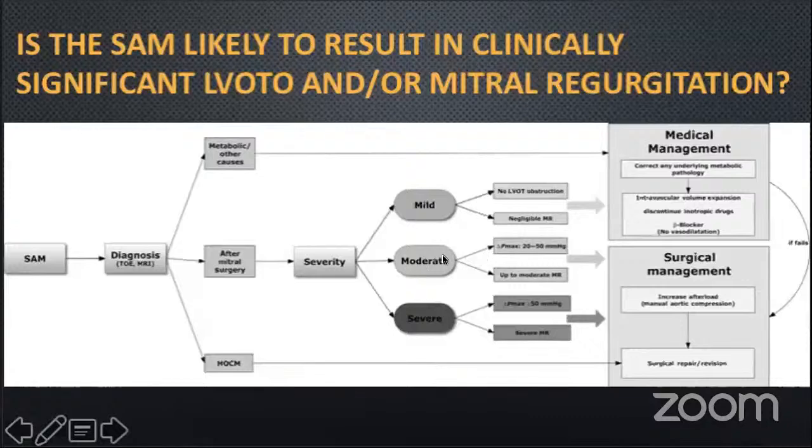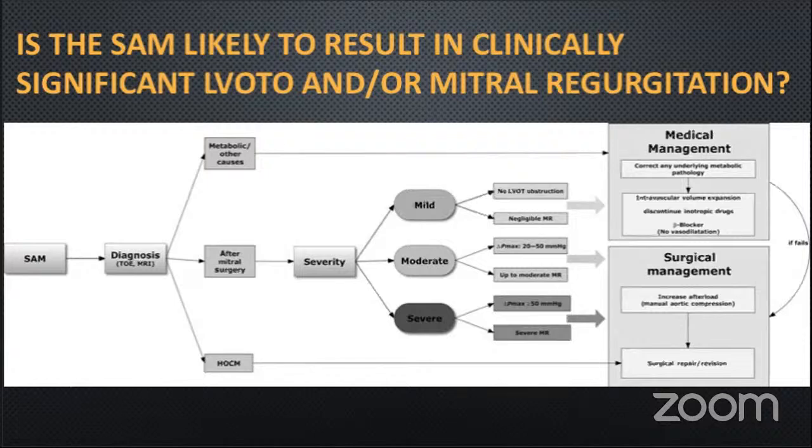We can characterize it as moderate if the pressure gradient over the LVOT is from 20 to 50 millimeters of mercury, or up to moderate mitral regurgitation according to the echocardiography report, intraoperatively or postoperatively using transesophageal echocardiography.